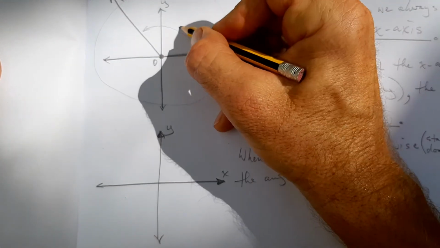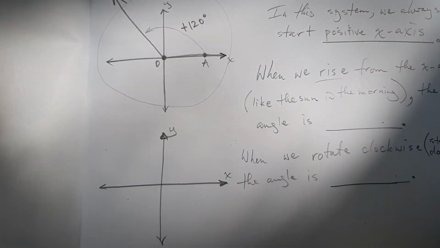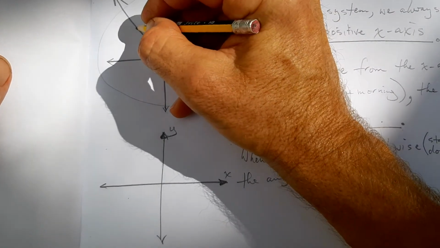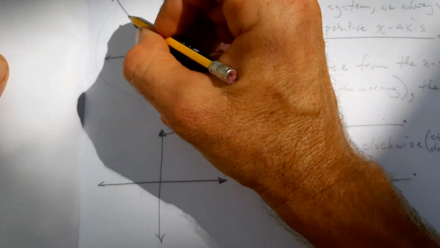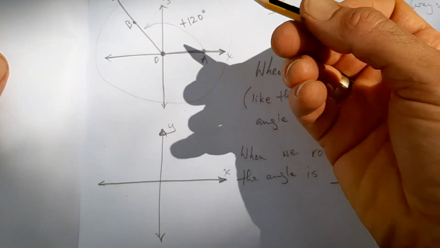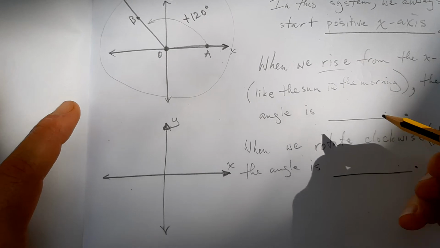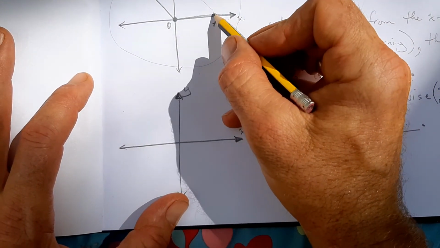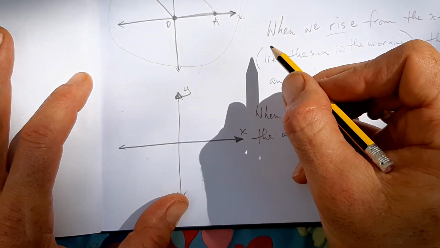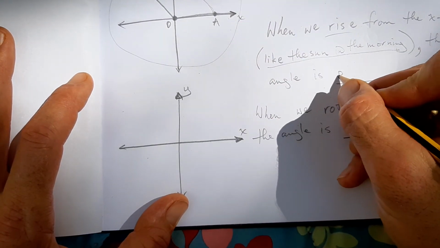So this would be positive 120 degrees. It's the way we communicate. How far did I turn to get from ray OA to ray OB? Positive 120 degrees. So when we rise, that's the way I remember it. You're rising from the positive x-axis, like the sun rising in the morning, the angle is positive.